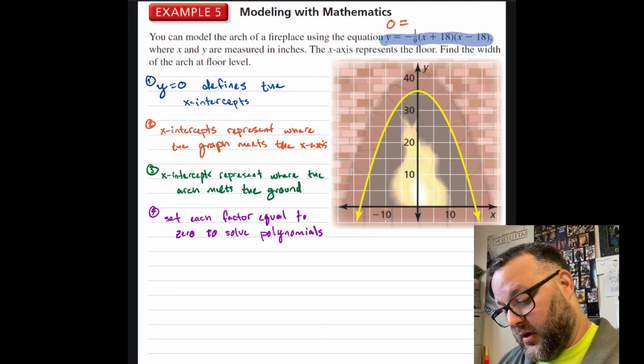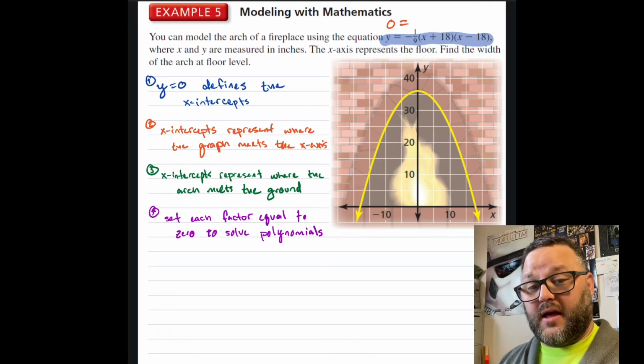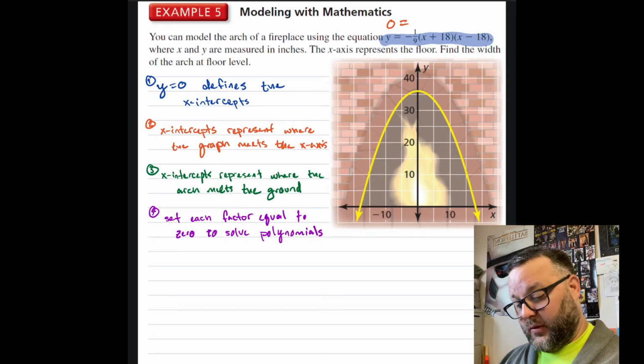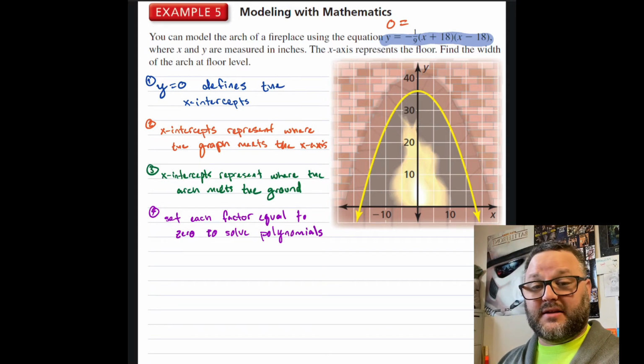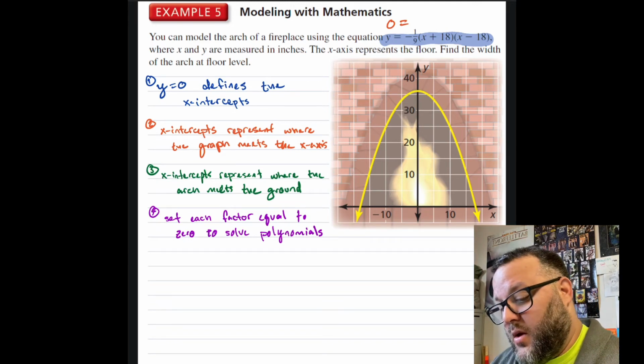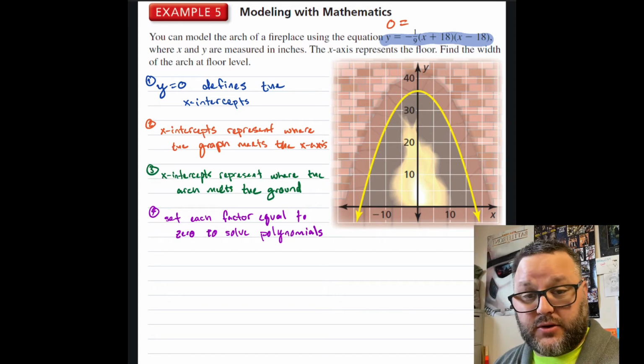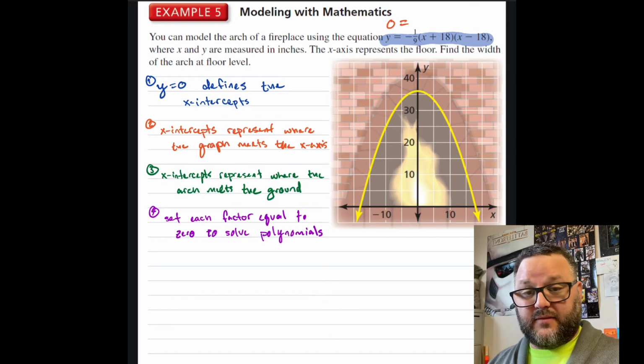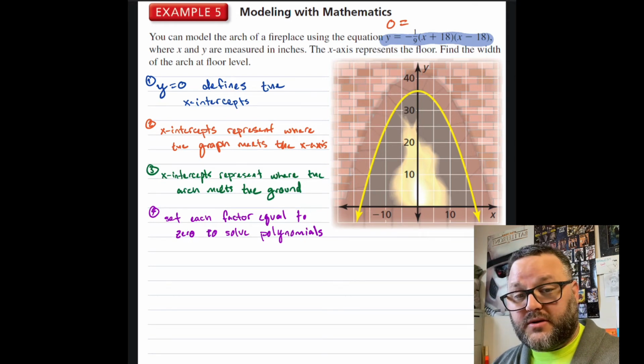So if y is set at 0 to define where the arch meets the floor, then we can solve, because now we have 0 equals a bunch of polynomials with multiplication. We can see that there is no x term with the -1/9, so we're not worried about solving that.